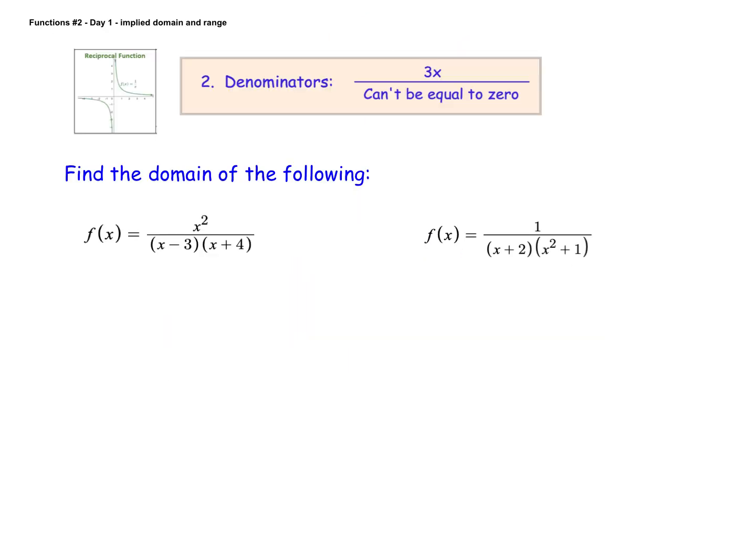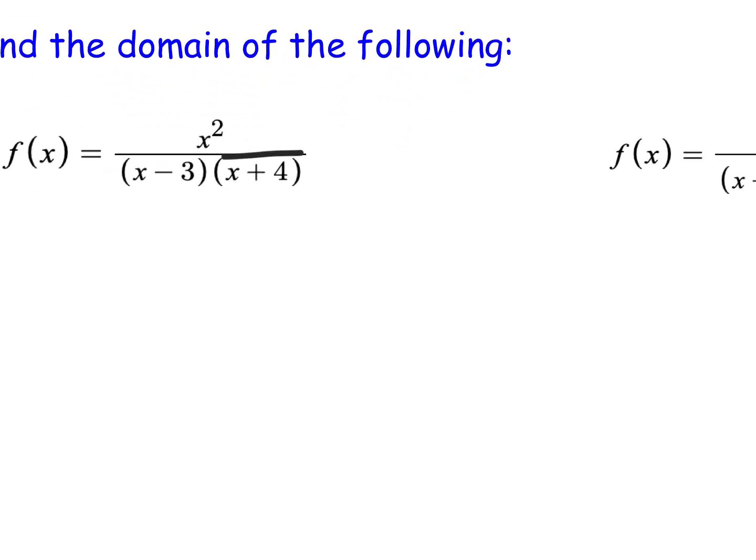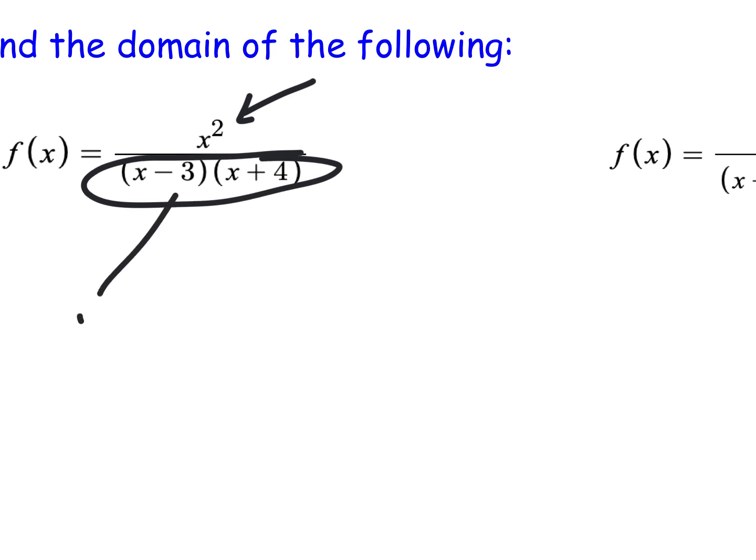All right, so then this is, I promise, the last slide. So there's no square roots, but there is denominators. Is it okay if the top is 0? Yes. Is it okay if the bottom ever becomes 0? No. So then you want x minus 3 should not equal 0.